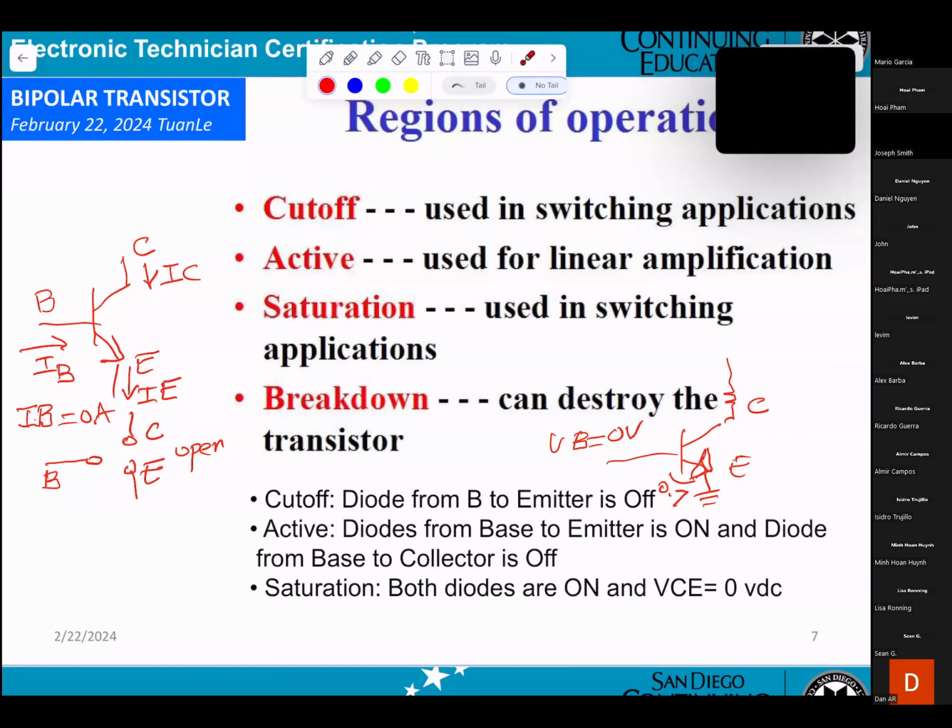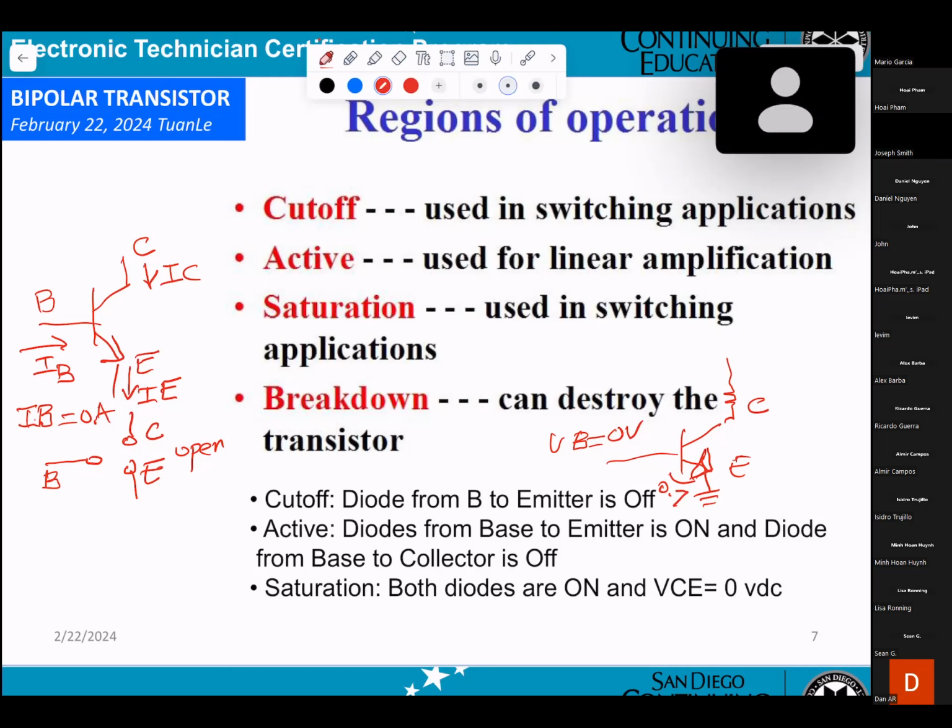So what you just said, Mr. Pham, you're saying that the diode from base to emitter is off and therefore there's no current flow? Exactly. This off, that means they open. Let me ask you another question too. You have two diodes in the transistor, one on the collector side, one on the emitter side.